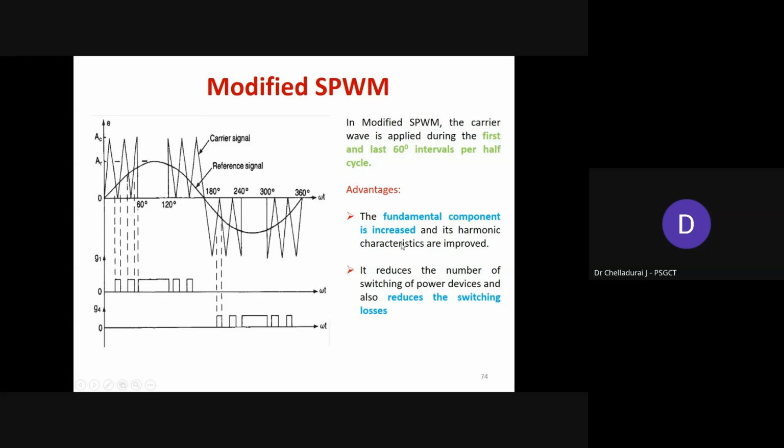Another important advantage compared to the previous case is that the number of turn on and off periods is very low. That is, switching frequency is very low. So we can drastically reduce the switching power loss, and hence we can increase the converter efficiency.